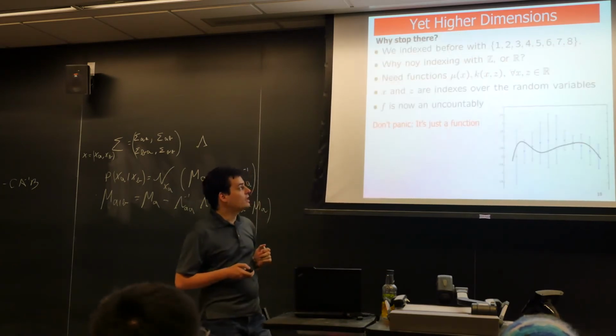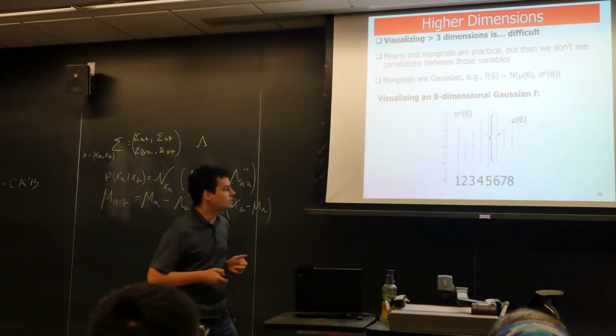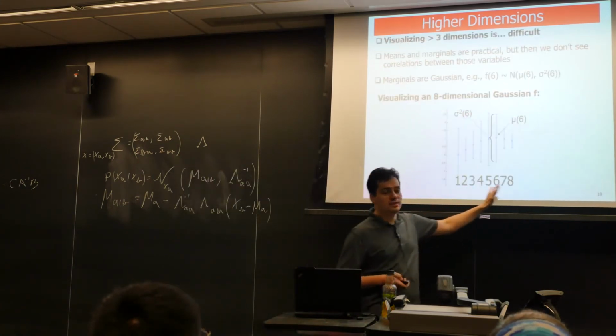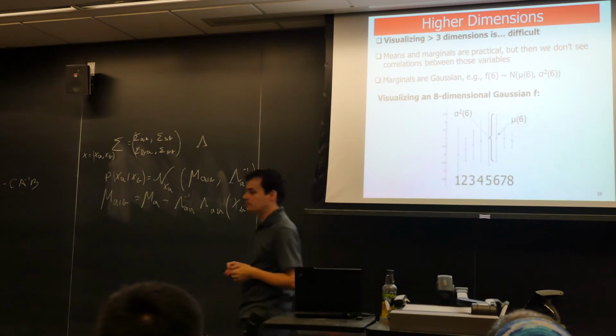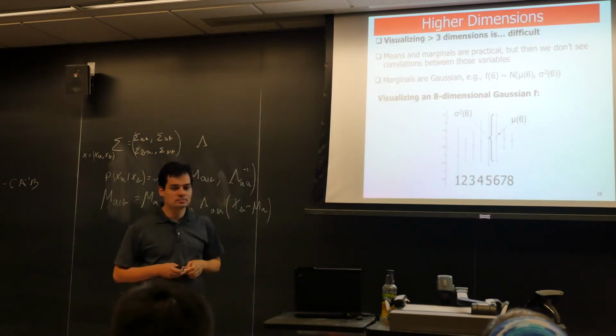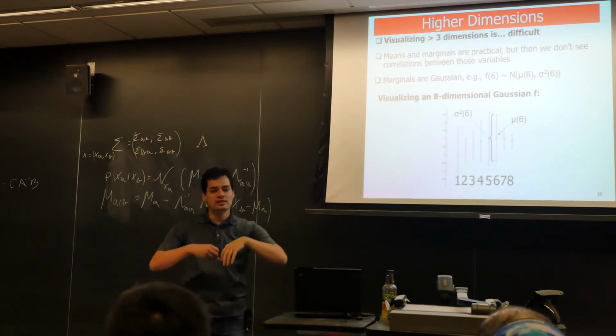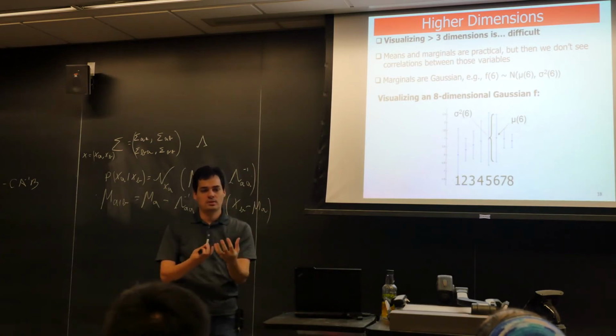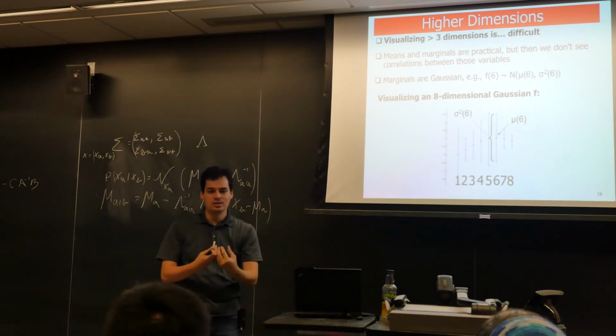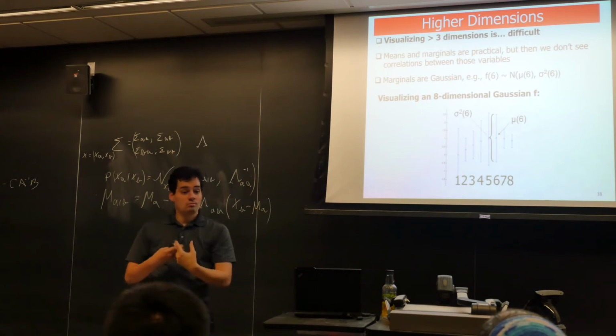And then you might ask the question, why stop here? Why don't we just index with all the integer numbers? I want to generalize the Gaussian concept from fixed finite dimensions to other dimensions.